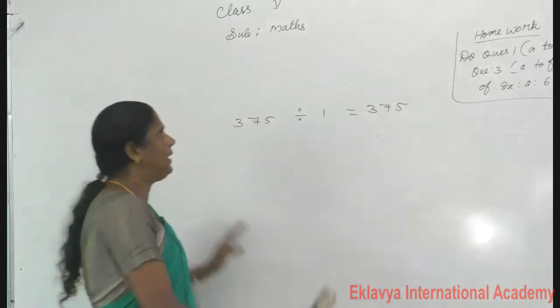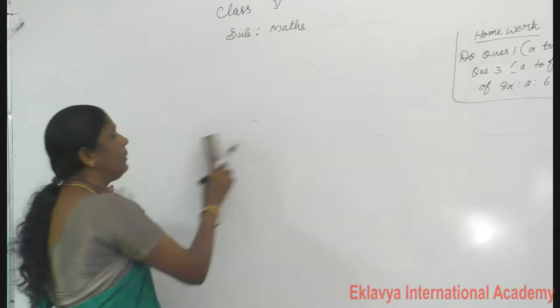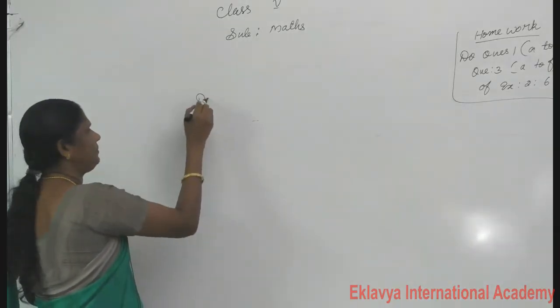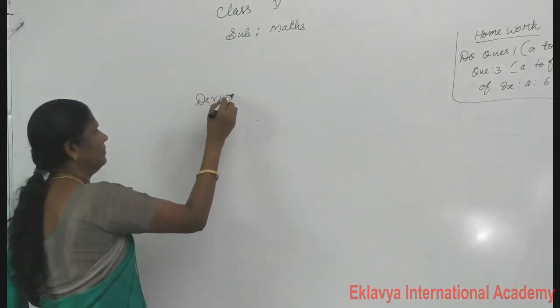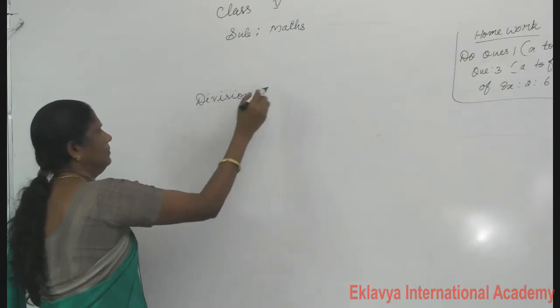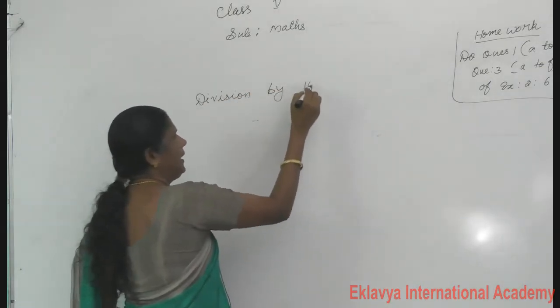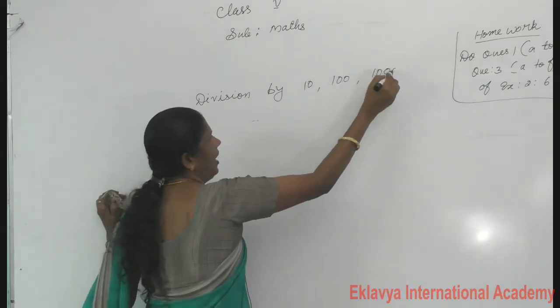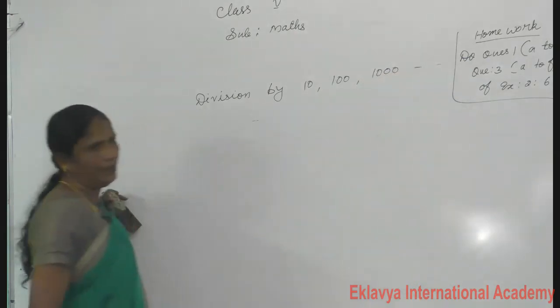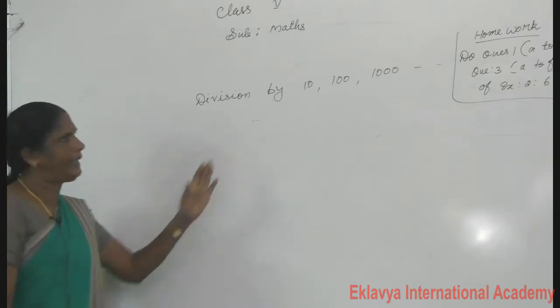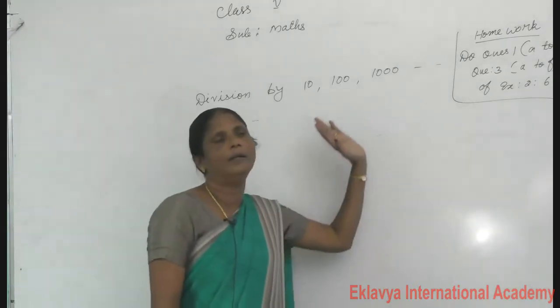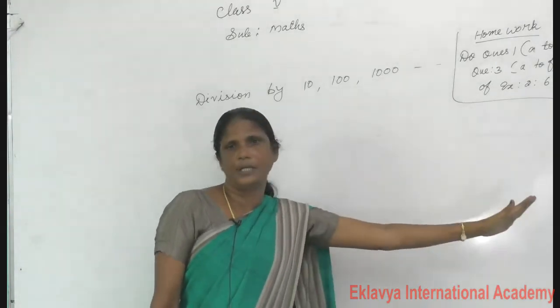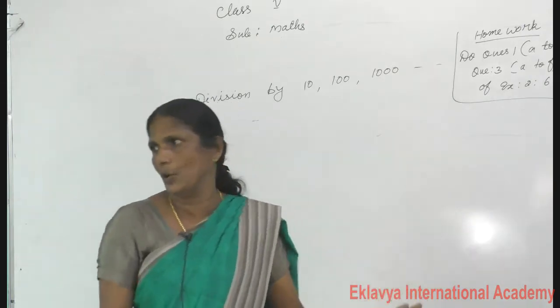Then division by 10, 100, 1000 and so on. Division by 10, 100, 1000, 10,000, lakh and so on.